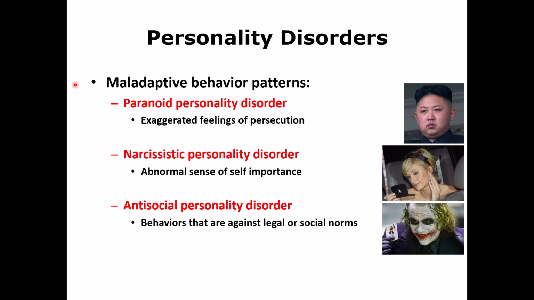They break the law, steal things, kill people, and do a lot of illegal activities. If under age 18, it is usually called conduct disorder. Over age 18, antisocial. So the majority of people in jails may have personality disorders.